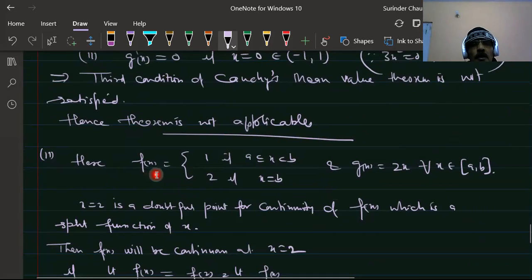The expression here is f(x) is equal to 1 if a is less than or equal to x less than b, 2 if x is equal to b, and g(x) is equal to x.